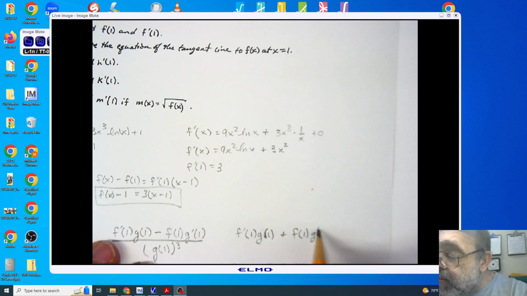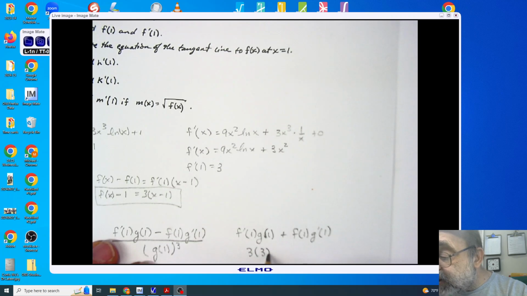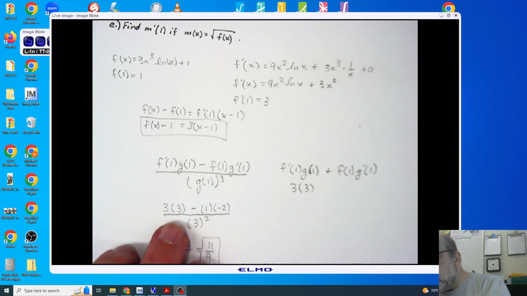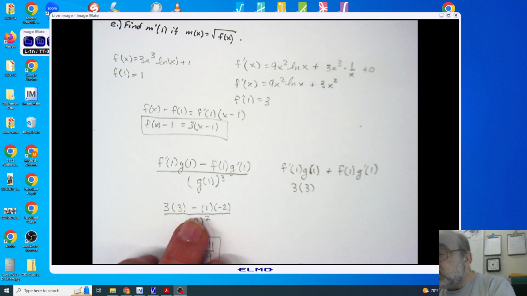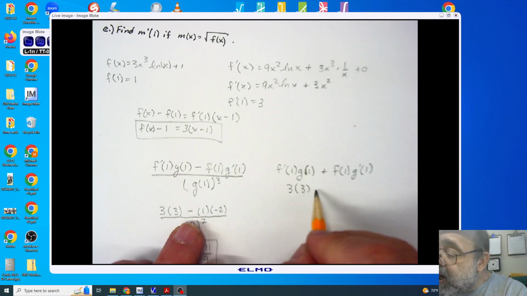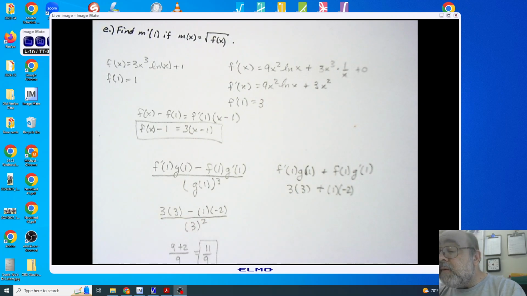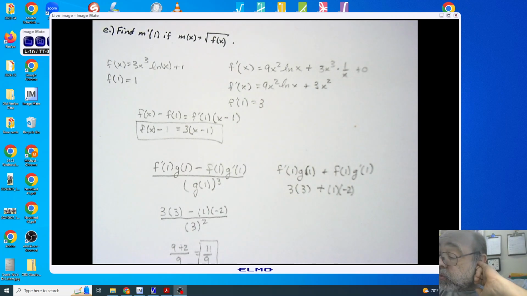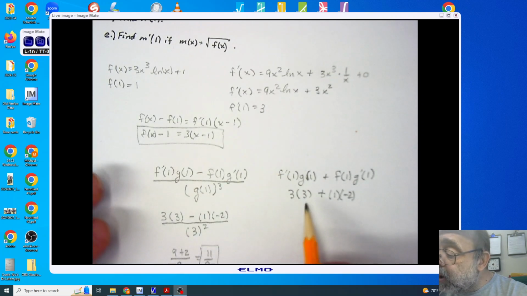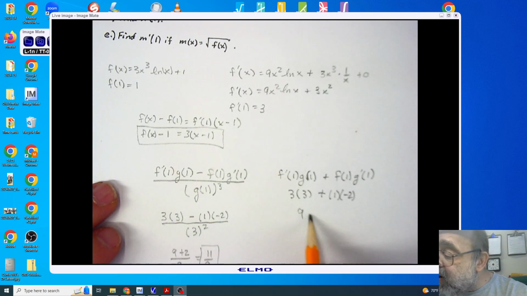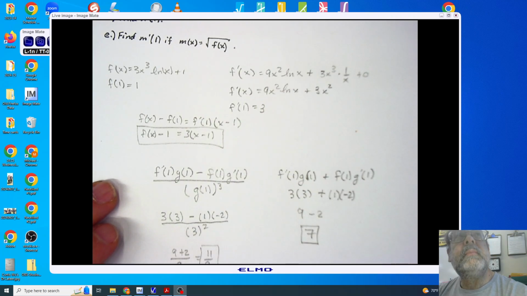And then g prime of 1. This is giving me 3 times 3, just like we had up in this line here, but instead of having a minus, we now have a plus. Now this is why I tell people to be consistent between your quotient and your product rule for the numerator of the quotient rule. Now when I do this, I have 9 minus 2 and my answer is 7.